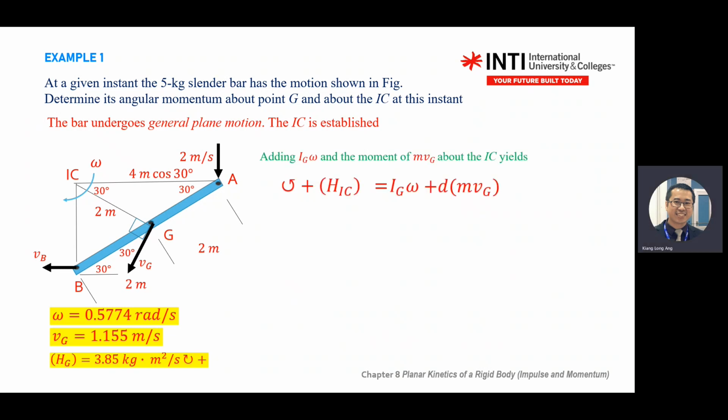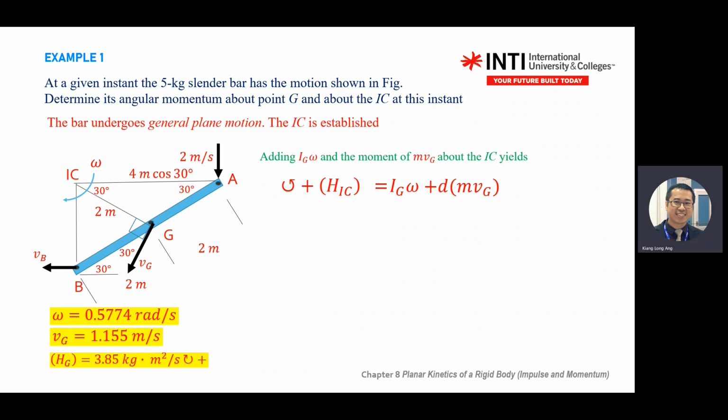Okay. So just now we found the angular momentum at G already. Because the question asks you to find angular momentum at G, you already found the first part. The question continues to ask you to find at IC. So IC is somewhere outside the center of gravity. So you actually modify the equation, this IG, to become IO.